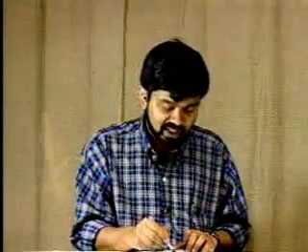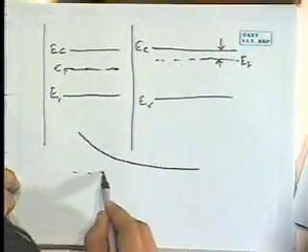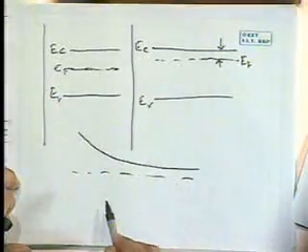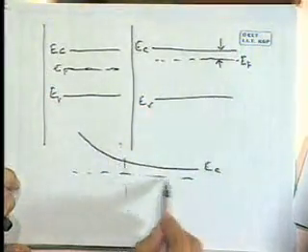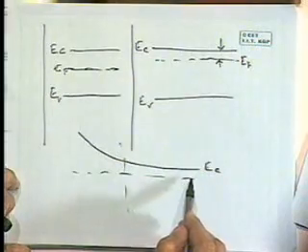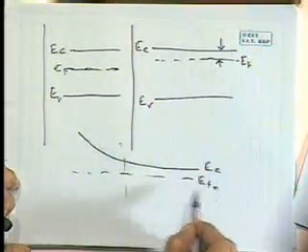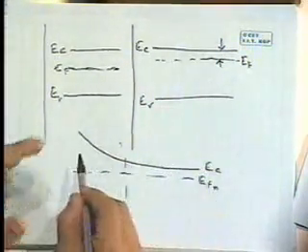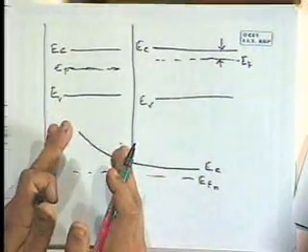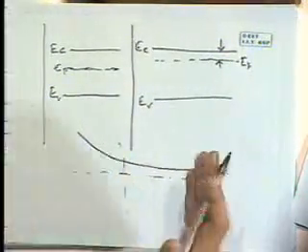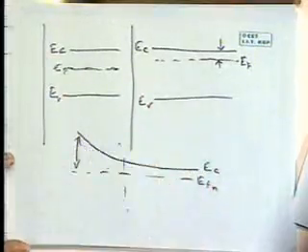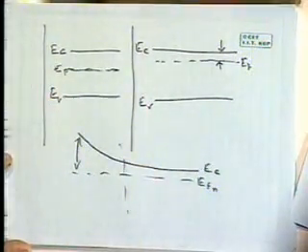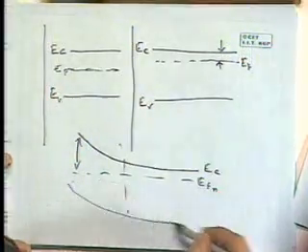So what that will look like is like this. EF in the bulk of the semiconductor remains where it was with respect to EC, whereas in the depletion layer, because the carrier concentration has decreased, effectively there are no free electrons there, there is a larger change. So effectively all the bands get bent.